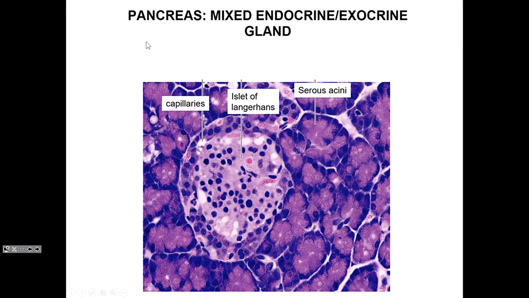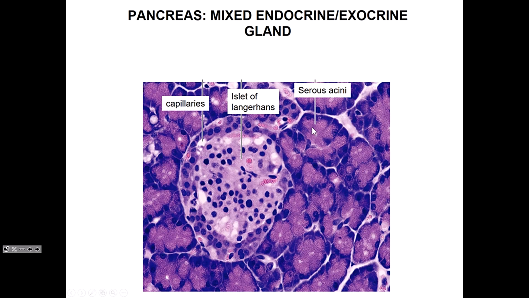Okay. And then sometimes, like in the pancreas, we can have both exocrine and endocrine glands. Remember, endocrine glands are secreting hormones into the vasculature somehow, such as in the islets of Langerhans, secreting insulin into these blood vessels. And we also have exocrine components outside of the islets of Langerhans, such as here, this serous secreting material in the other part of the pancreas.